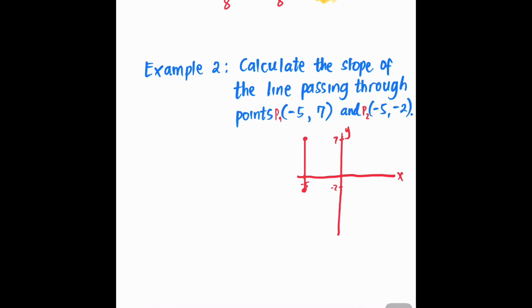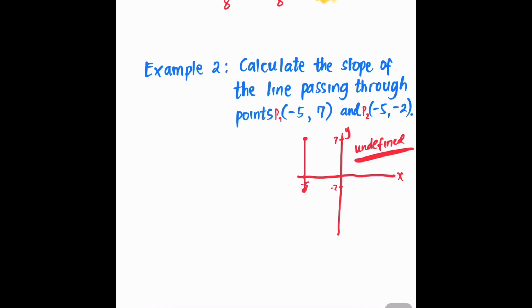And going back to what we discussed earlier, if you have a vertical line, what is the slope? That's correct. The slope will be undefined. For every vertical line on the coordinate plane, the slope of that line will be undefined.